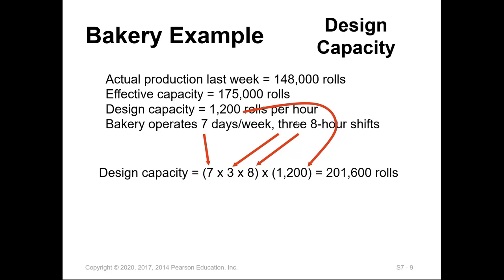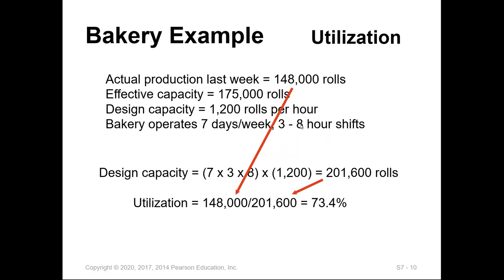The given effective capacity is 175,000 rolls per week, while the actual production of last week was 148,000 rolls.